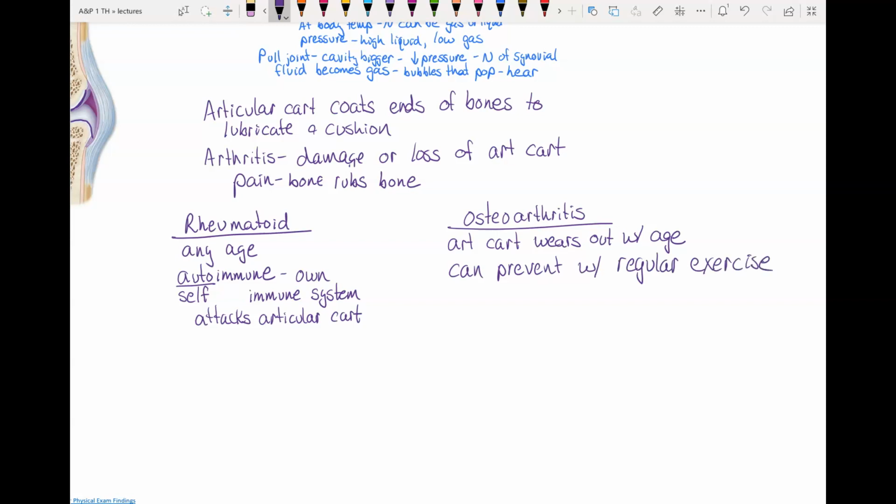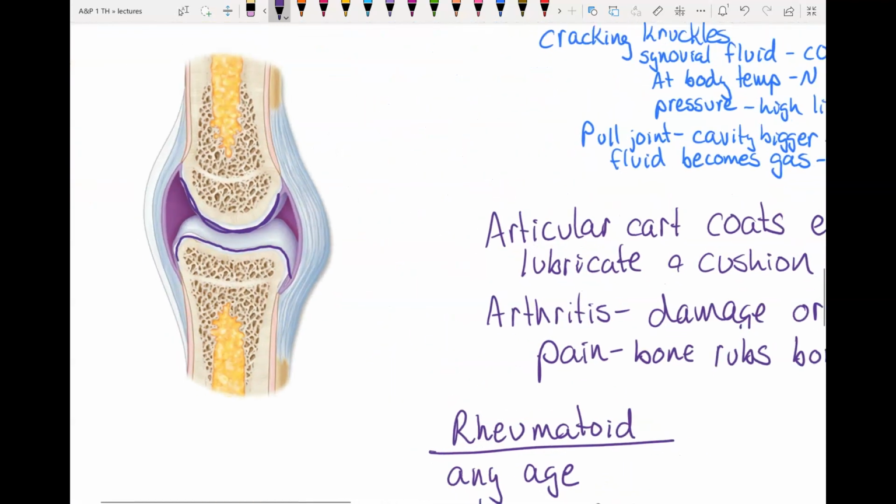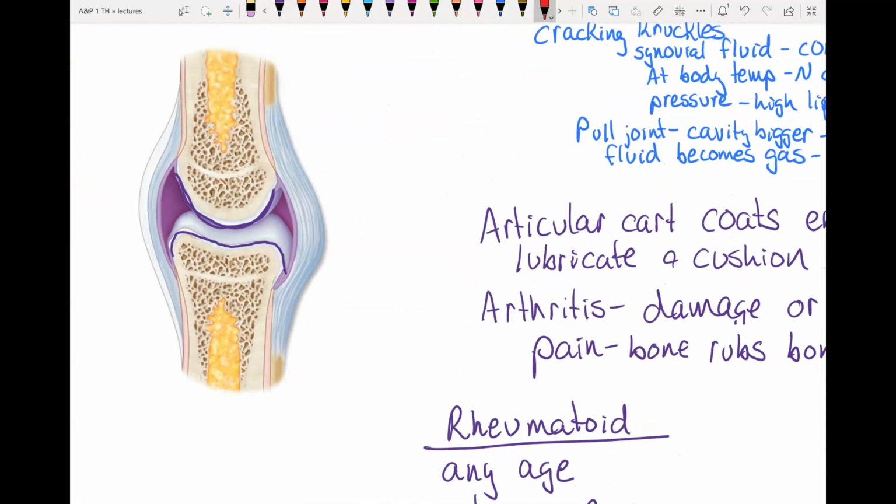So I'm going to explain how exercise prevents osteoarthritis. You have blood vessels that come as far as the articular capsule. There are no blood vessels inside the joint. So this is a blood vessel here.